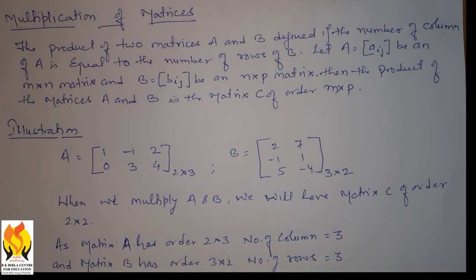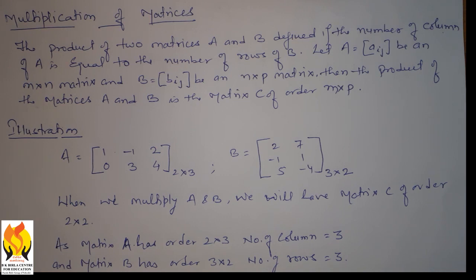Let A be a matrix with elements Aij of order m by n, and let B be another matrix with elements Bij of order n cross p. Then the product of the matrices A and B is the matrix C of order m cross p.